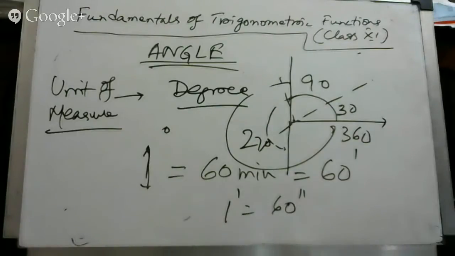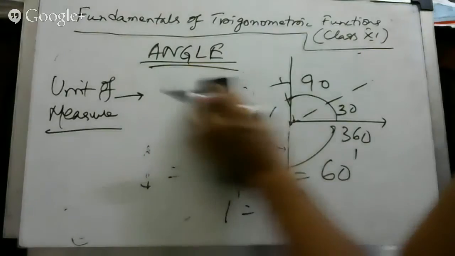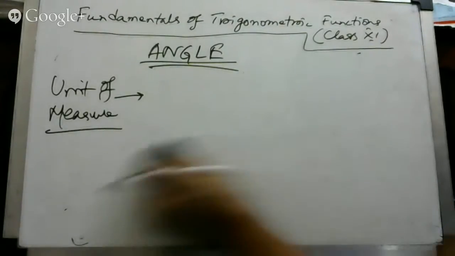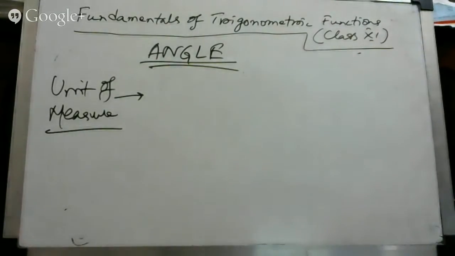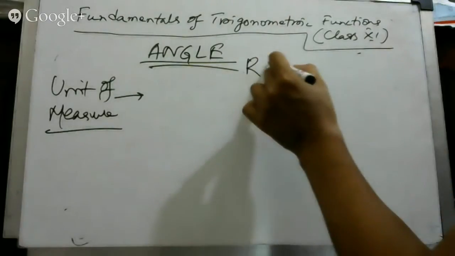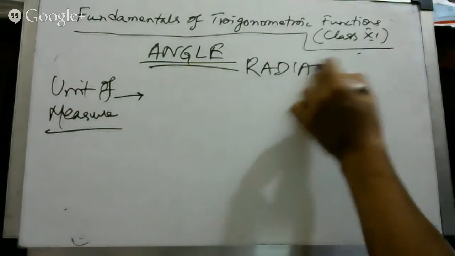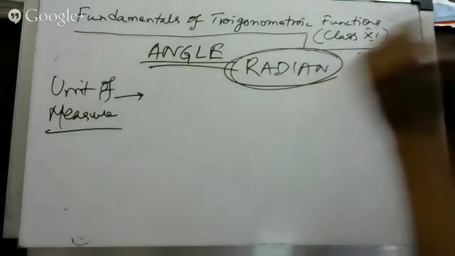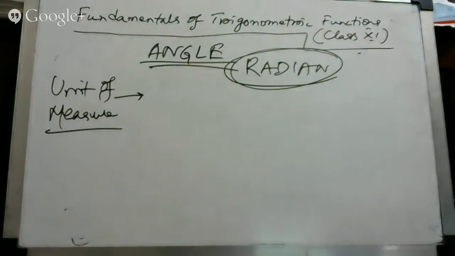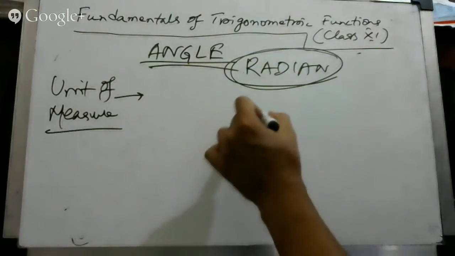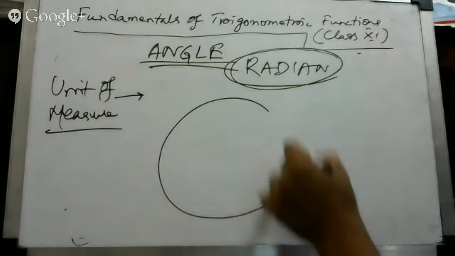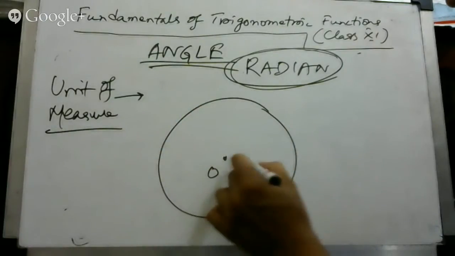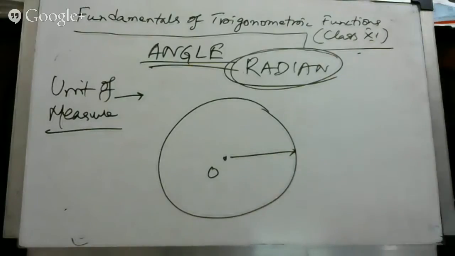The next unit of measure is called radian. Now let's understand what a radian is. Suppose there is a circle with center C, and the radius of the circle is say 1 unit.